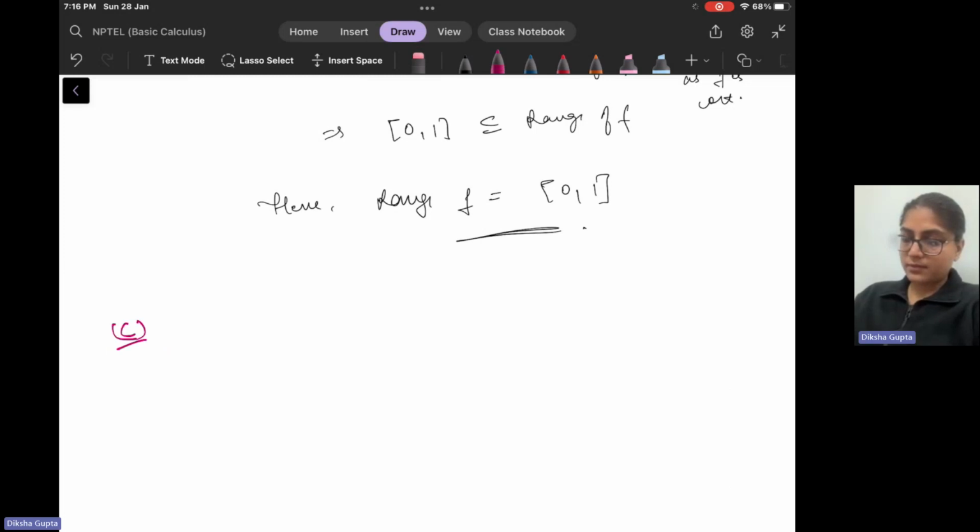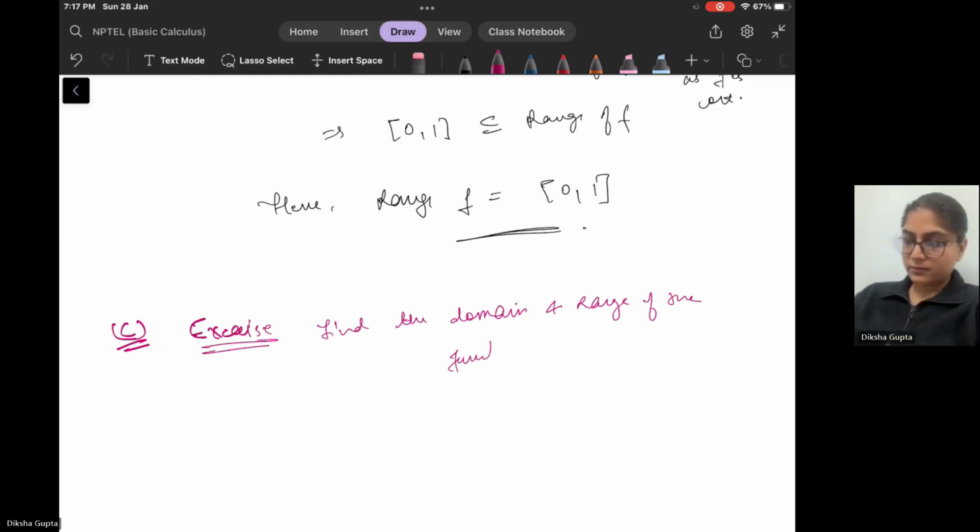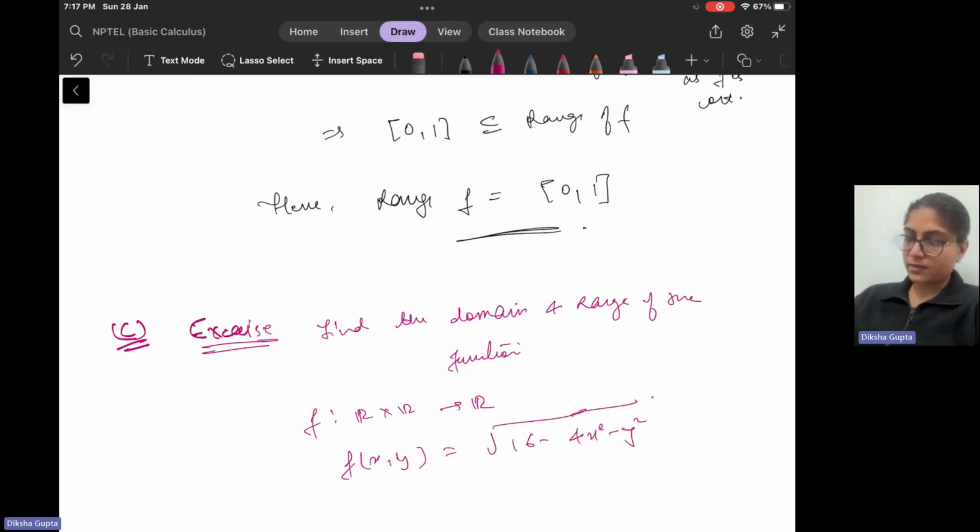Part C. Find the domain and range of the function f from R cross R to R, where f(x, y) is 16 minus 4x square minus y square.